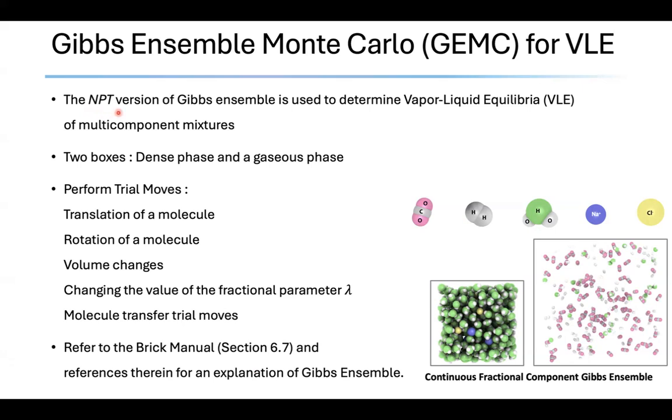So we use the NPT version of the Gibbs ensemble to determine the VLE, or the vapor-liquid equilibria, of multi-component mixtures. When I say vapor-liquid equilibrium, what I'm interested in is to calculate the solubilities, or the fractions of the different molecules in the vapor and in the liquid phases of a multi-phase, multi-component system.